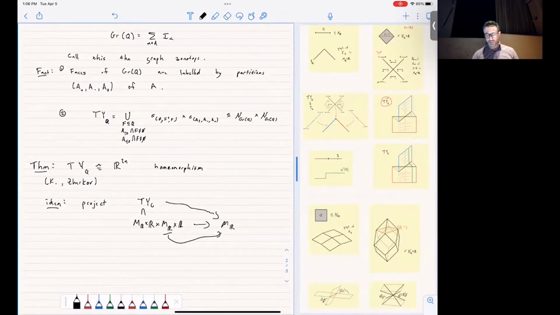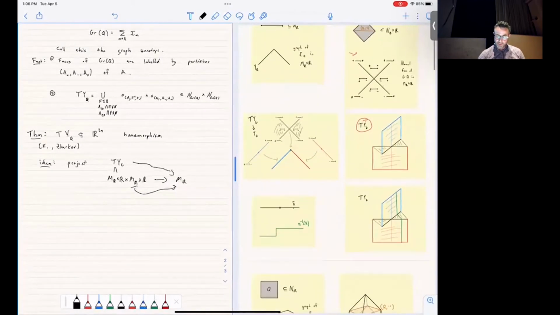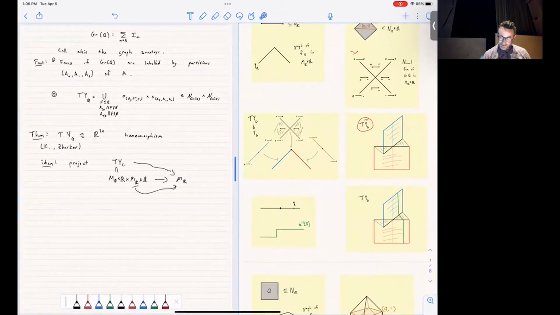So this is an onto projection. And what you'll see when you look at that is that over a single tangent vector, you get something like a staircase, some kind of staircase picture. And this is essentially drawn in this green line here as well.